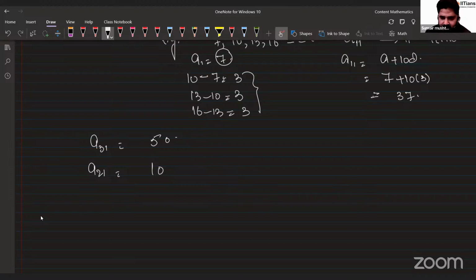Then you have to find the first term a and the common difference. Or even more precisely, you have to find the hundredth term.